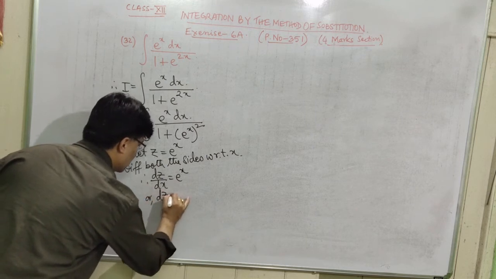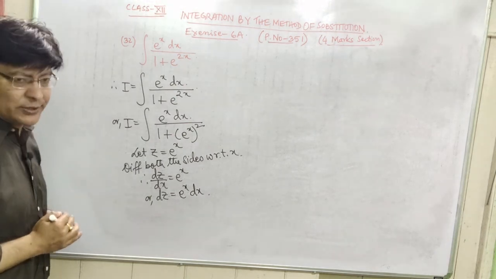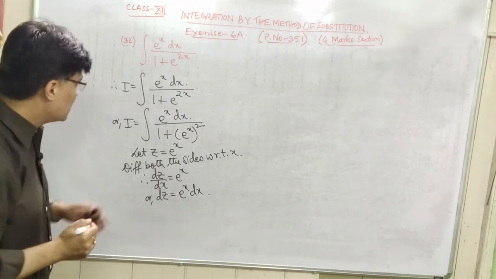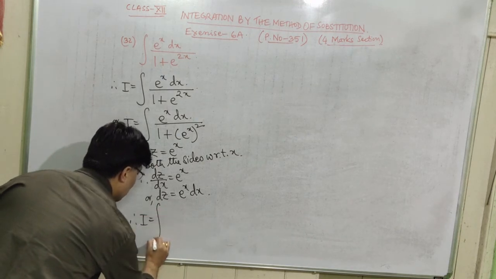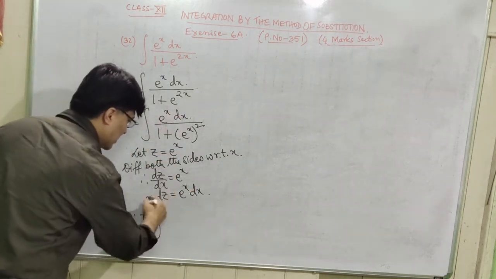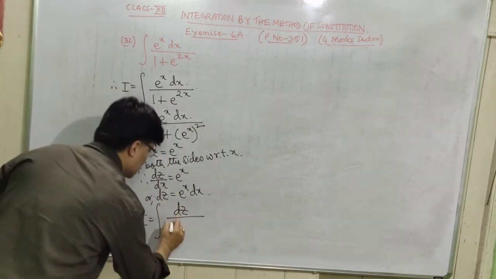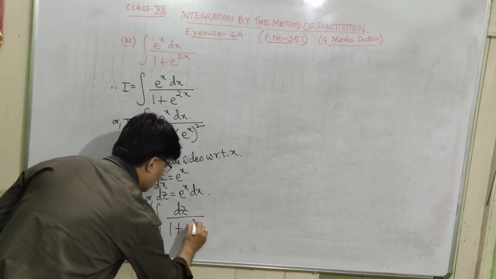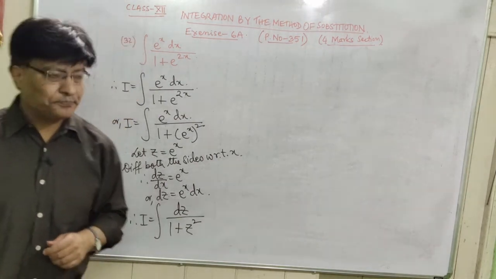Or by cross multiplication, dz is equal to e to the power x dx. So now I is equal to the integral of dz divided by 1 plus z square.